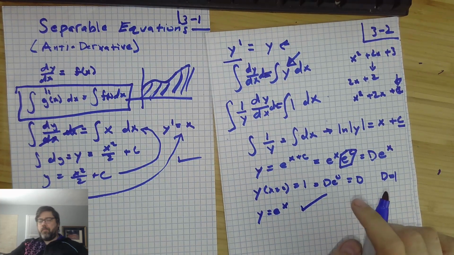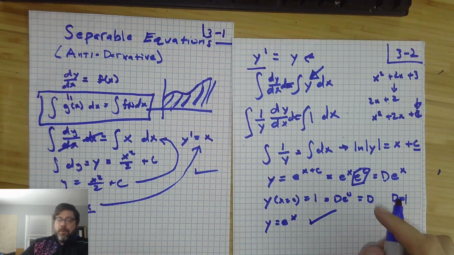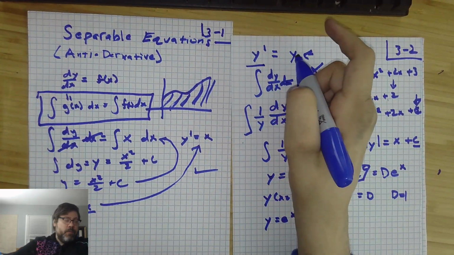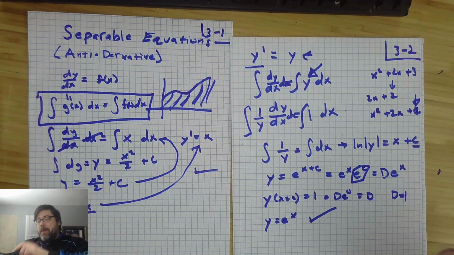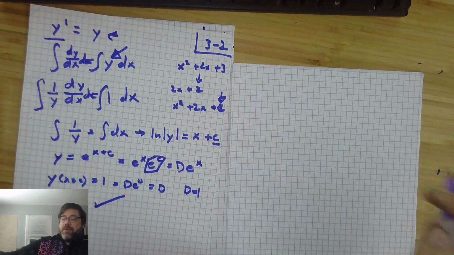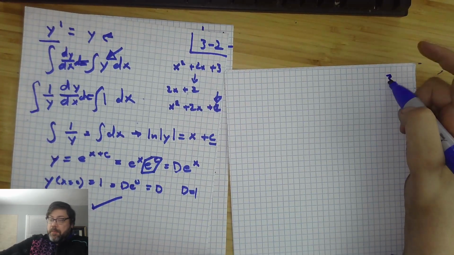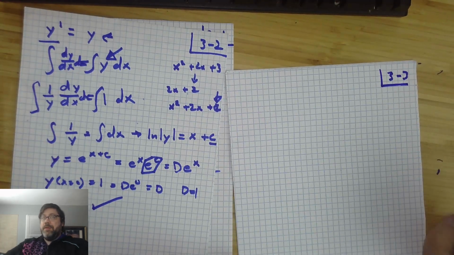Okay? So we can see we can use this new form when we have y's on one side and x's on the other, but we can also go the next step further in abstraction, and let's think a little bit about what are called separable equations.